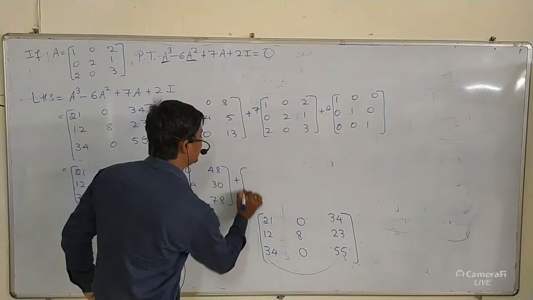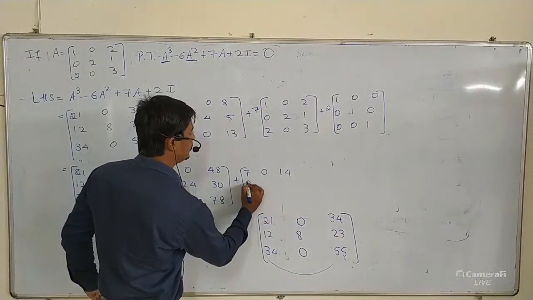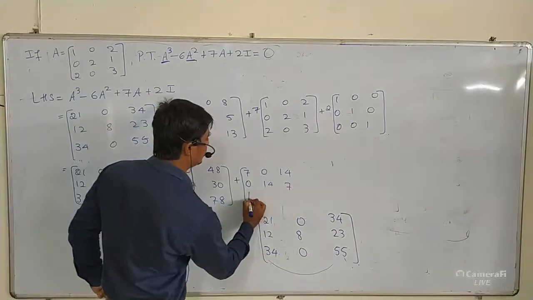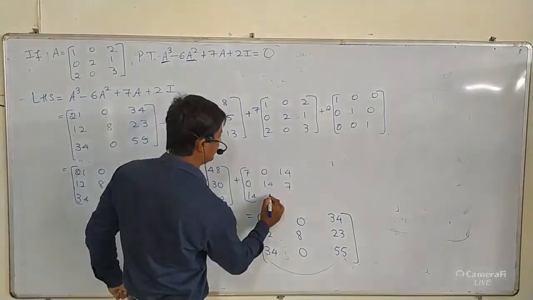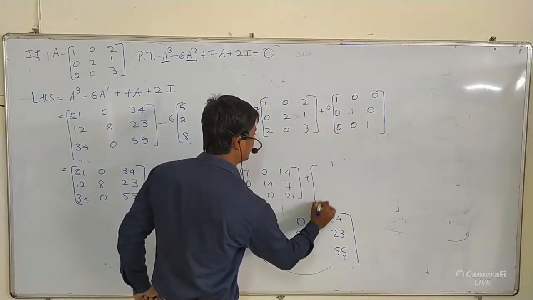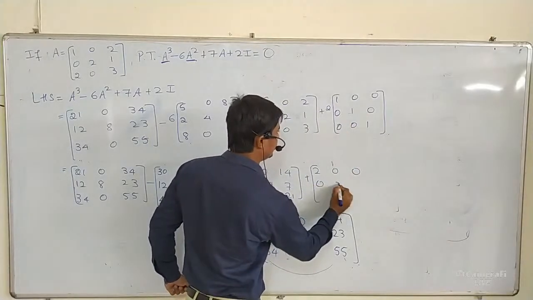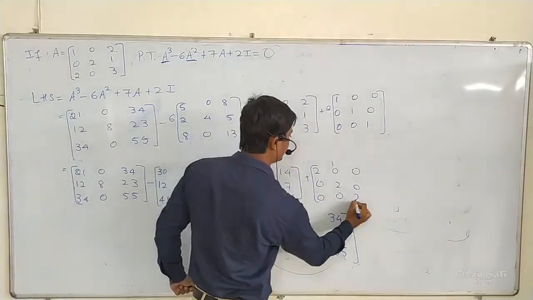Plus, multiply by 7 inside: 7, 0, 14, 0, 14, 7, 14, 7 zeros are 0, 7 threes are 21. Plus 2 ones are 2, 0, 0, 0, 2, 0, 0, 0, 2.